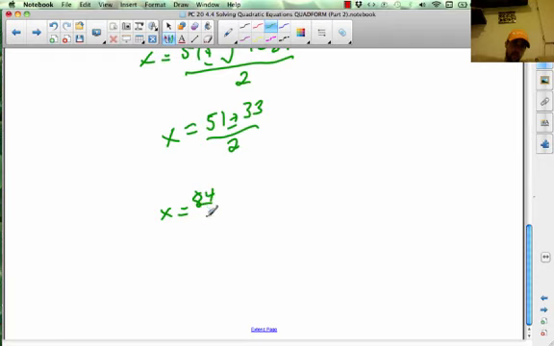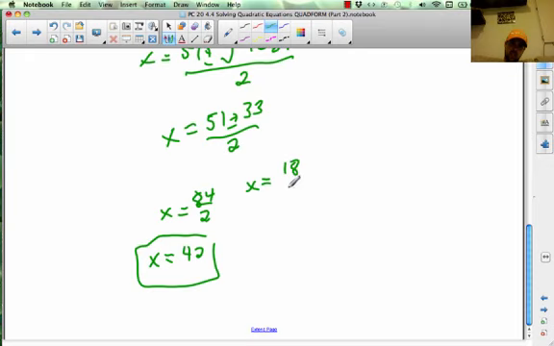So that would be 84 over 2. And that means x equals 42. That's one of our possibilities, and we'll see why that's not reasonable in a minute. And your other path is 51 minus 33, which leaves us with 18 over 2, and x equals 9.